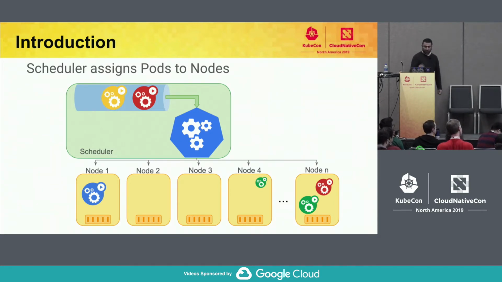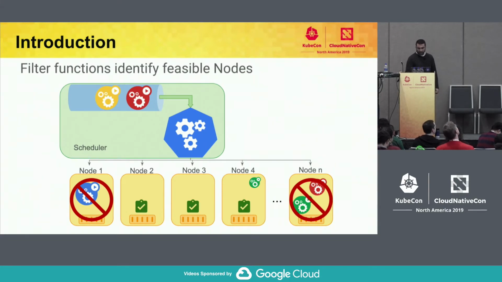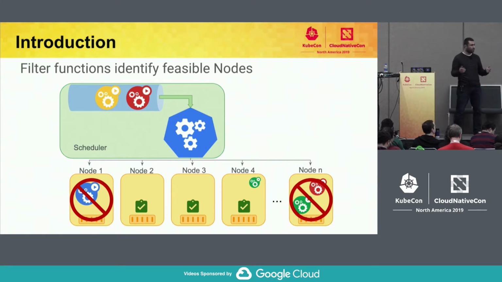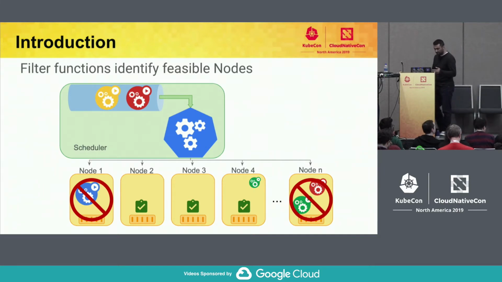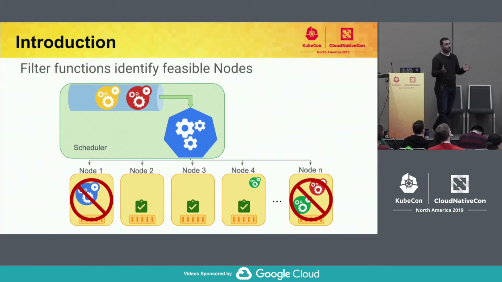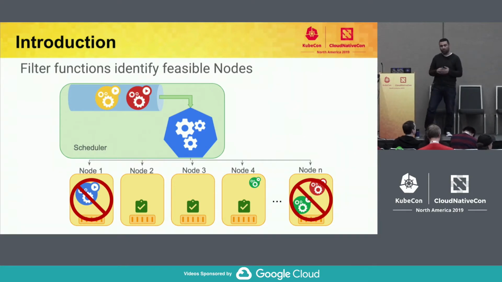As I mentioned, the scheduler watches for pods and nodes. The new pods that get added or updated are added into a scheduling queue. This scheduling queue is sorted by pod priority, so it's basically a priority queue. The scheduler picks one pod at a time and runs it through what so far has been two phases. The first phase is what we call the filtering phase.